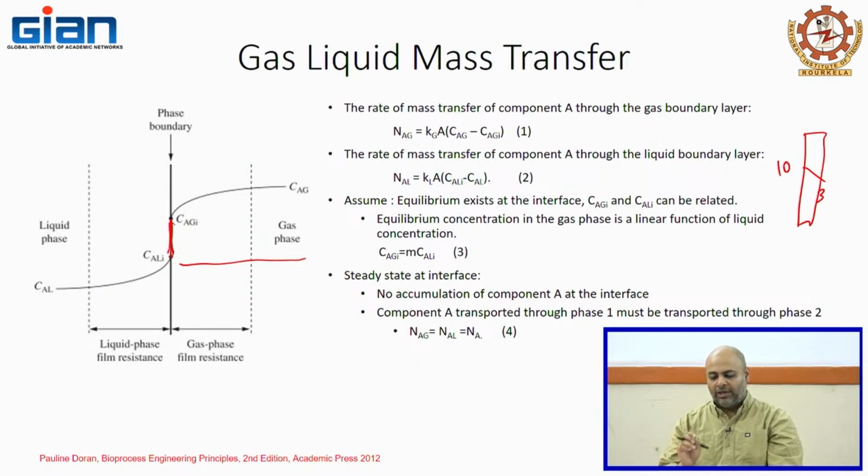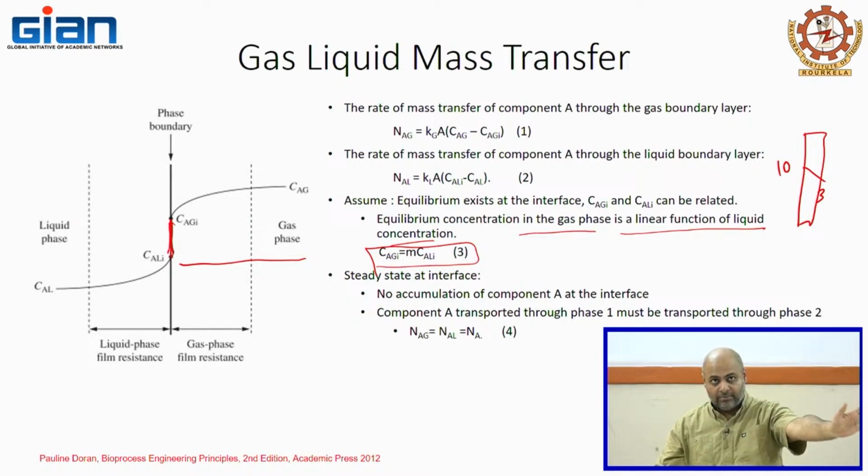Now assume equilibrium exists at the interfaces, so CAGi and CLi can be related. Equilibrium concentration in the gas phase is a linear function of the liquid concentration. At steady state at the interface, there is no accumulation of component A. The component A transported through phase 1 must be transported through phase 2.